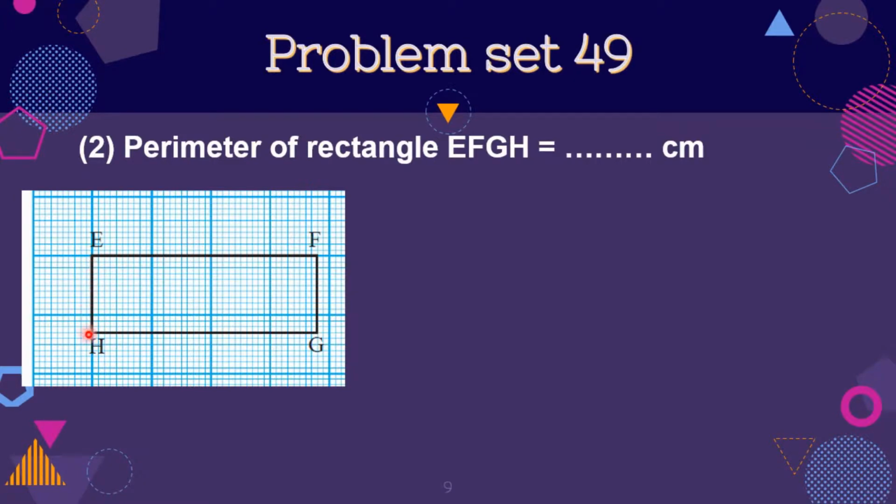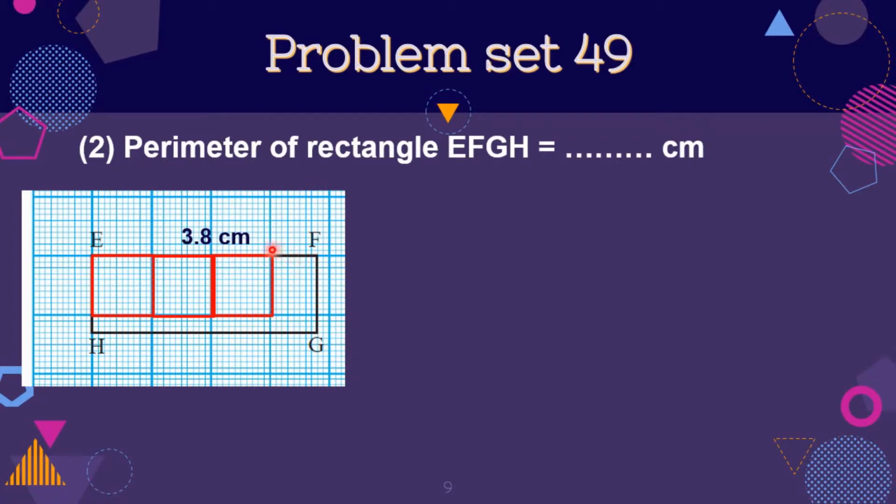As we know, one square of the graph sheet is of 1 centimeter, and there are 3 such squares along the length of this rectangle. After that, there are 8 lines. So we say the length of given rectangle is 3.8 centimeter.